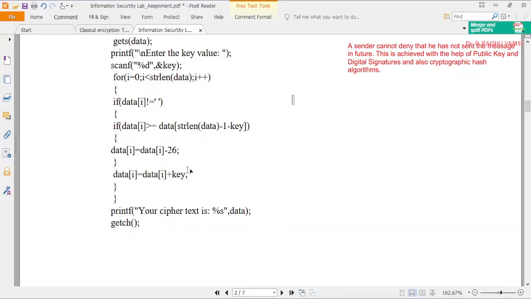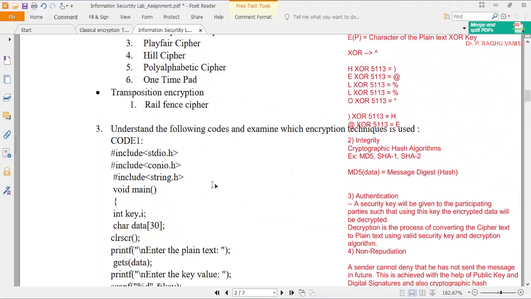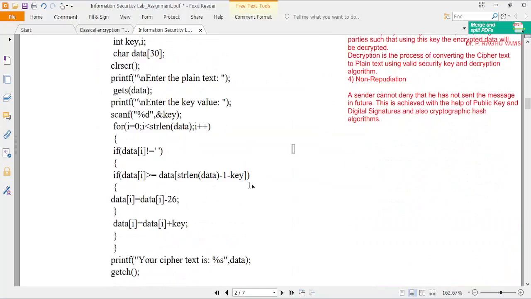Let us, for example, not take the key as 5113. Instead, take some small number like 10 or 11, so that it can be easily understood. Let's say I have used a key of 11, and the string length is 17, that is "hello, how are you?", and key is 11.